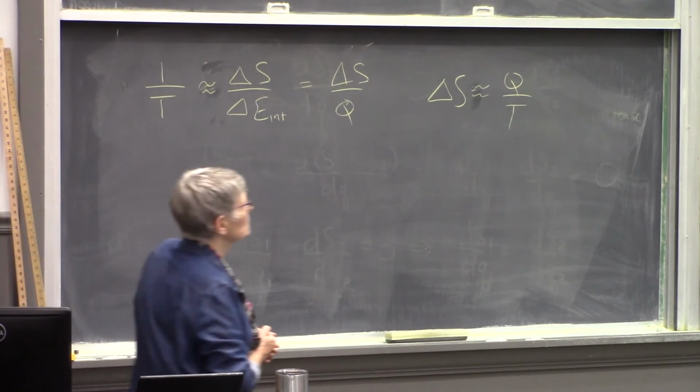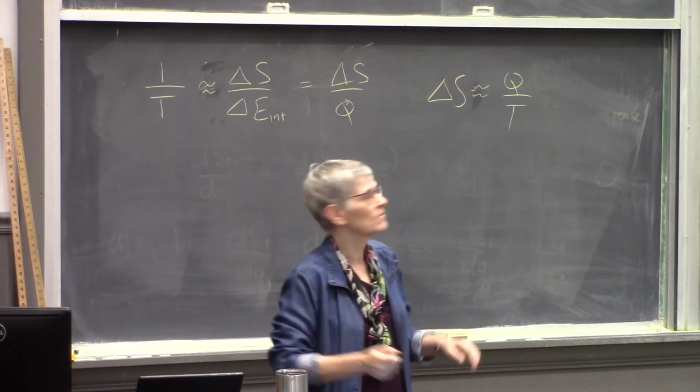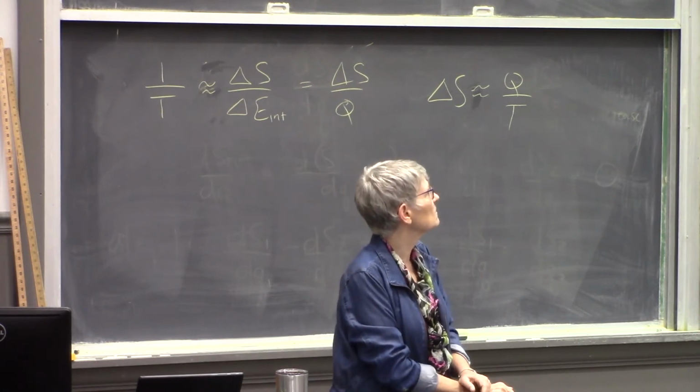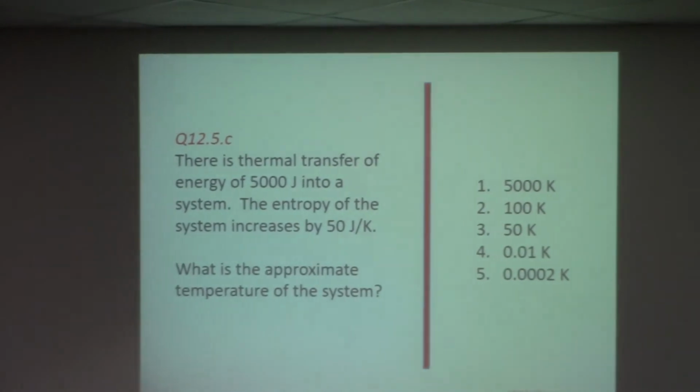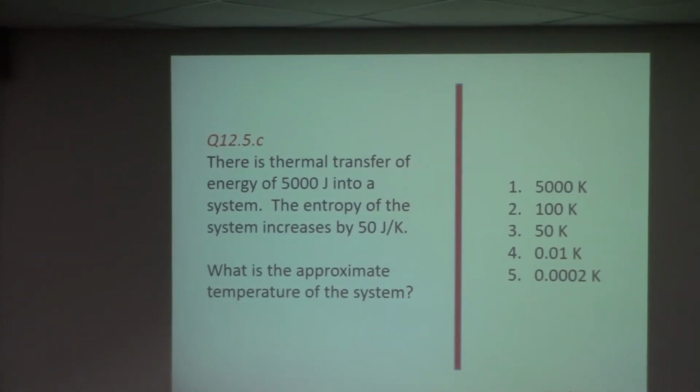So let's see if we can do a simple calculation for some system here. We have some system of some size, 5,000 joules of thermal energy gets transferred into it, and the entropy of the system increases by 50 joules per Kelvin. What's the temperature of the system?